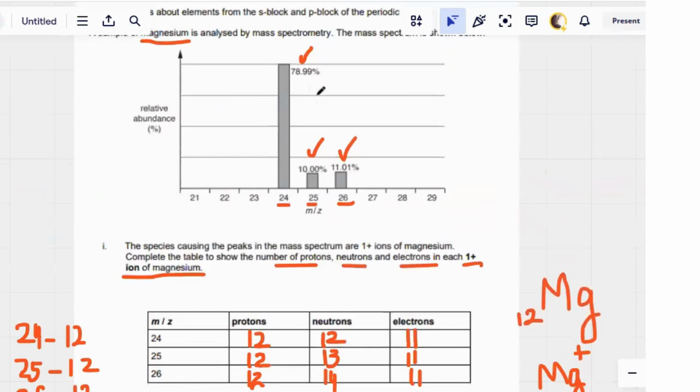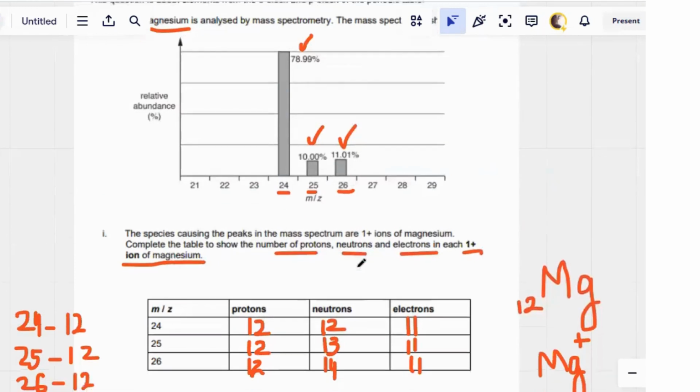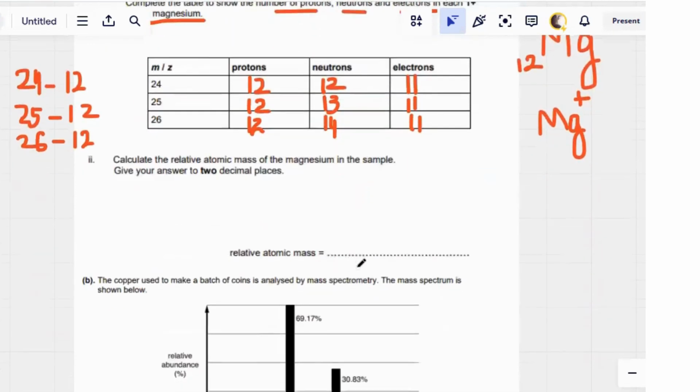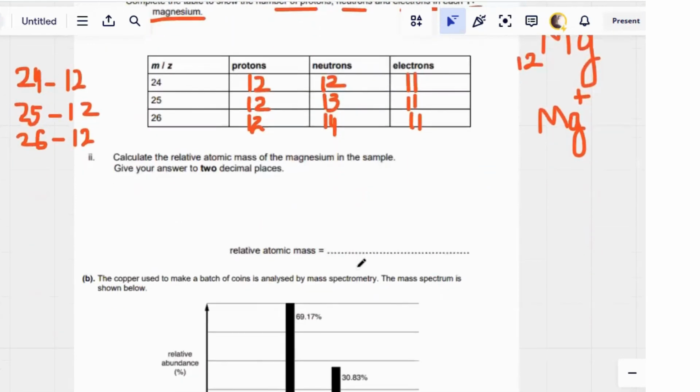I will multiply it, then add it to the other isotope, 25, times 10, and then add this to 26 times 11.01, and divide the whole by 100. I will simply get the relative atomic mass of magnesium.